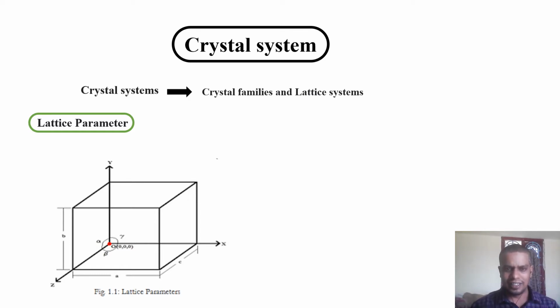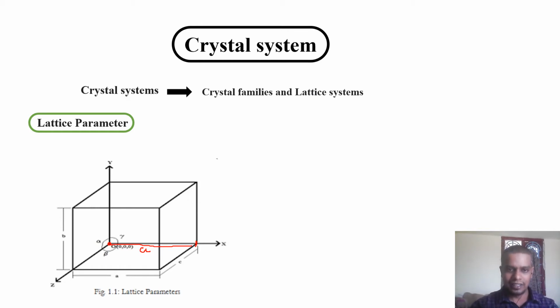How can you define this unit cell? You can measure the length along the x direction. That means the x intercept of this unit cell will be equal to a. In general we call it a. That is one parameter, the intercept parameter.